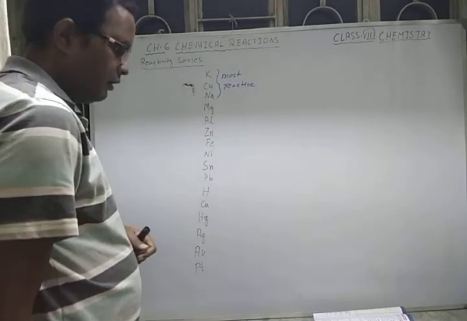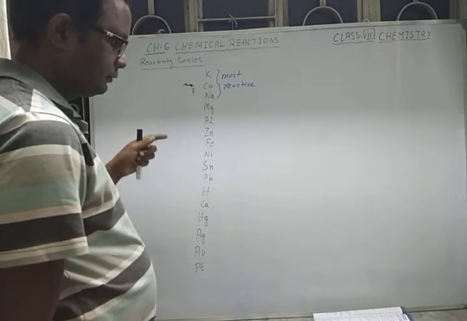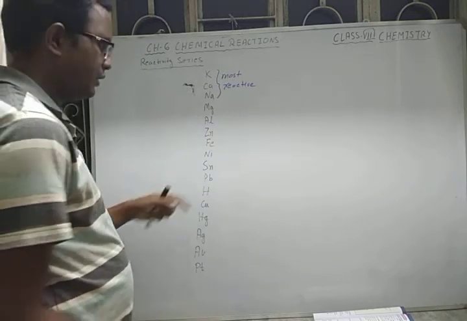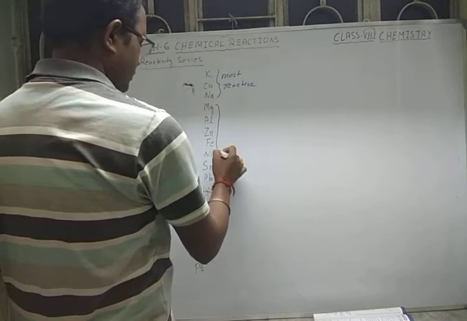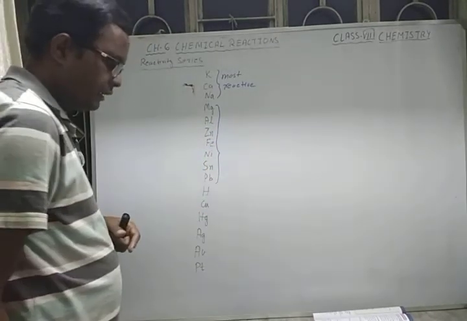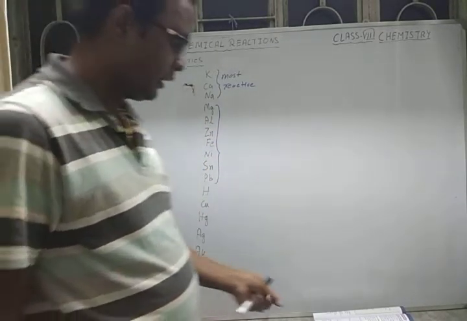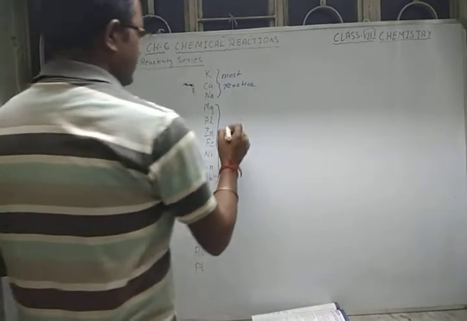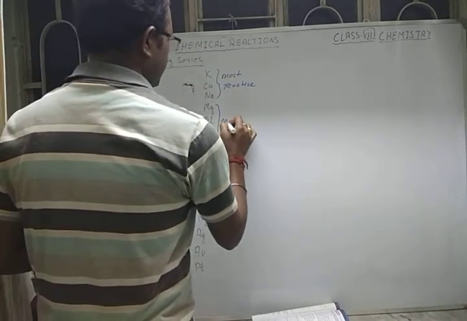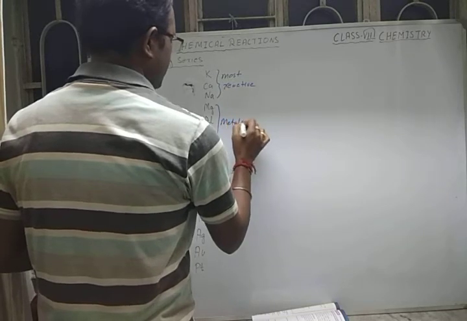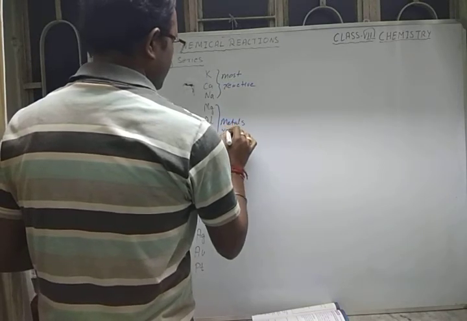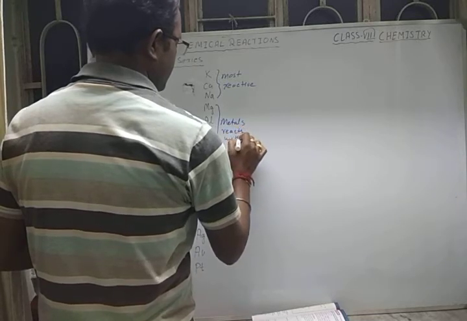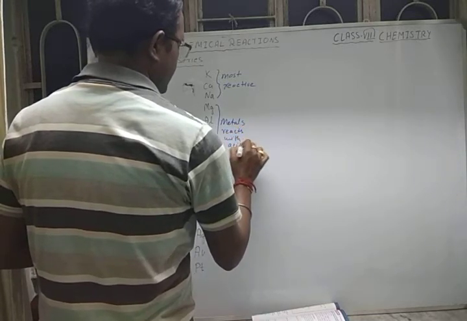After that, magnesium to lead: this part is called the metals that react generally with acid.